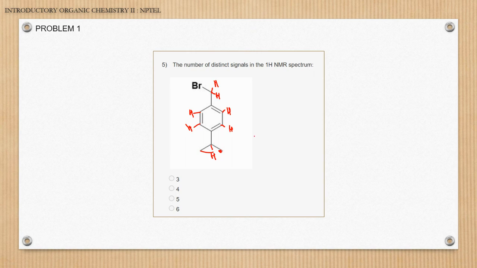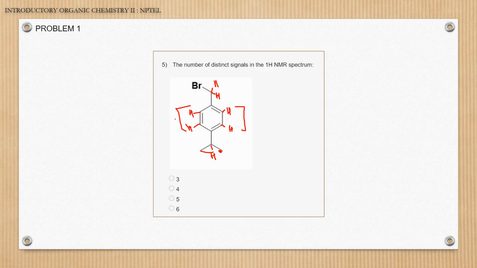So guys, you have to answer me how many distinct signals could be present for this compound. So as you can see here, this compound, is it symmetrical? Can anyone tell me, is it symmetrical? Yes. Okay. So if you are telling me that it is symmetrical, then these 4 hydrogens should show similar chemical shift values.